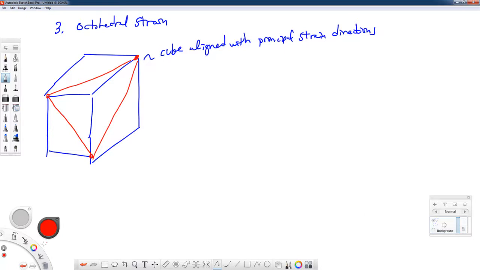In this picture, if I were to draw a coordinate system, maybe one like this, then the plane would look something like this. And these intercepts would all have equal distances.